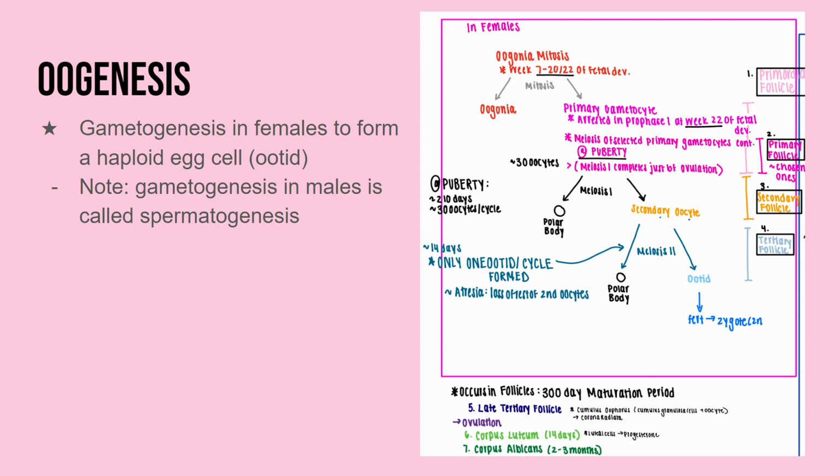I also put the days. So oogonia mitosis is weeks 7 through 20 of fetal development, and then meiosis of the primary gametocytes is at puberty. I would know when the different stages are happening too when you're studying.